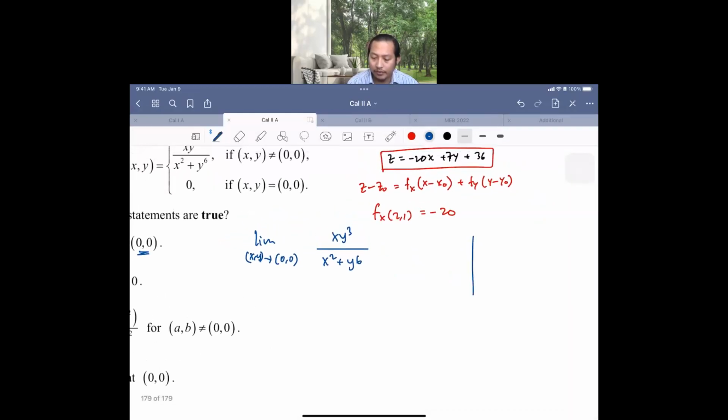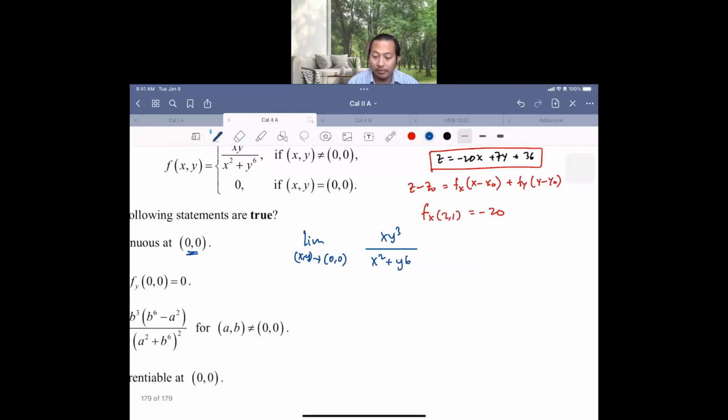If we have, let's say, the point is here, we can approach from anywhere, right? Let's say we have two paths. Path 1 is when x is equal to 0, and path 2 is when x is equal to, let's say, y cubed.